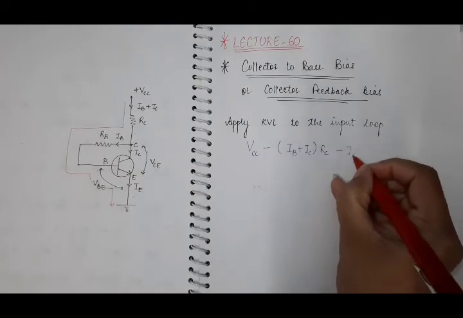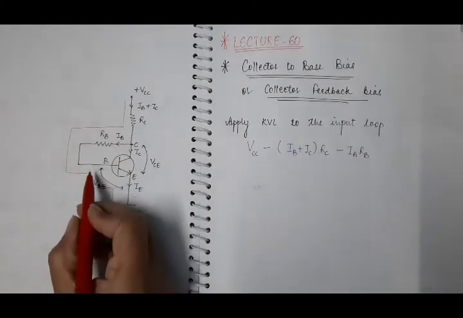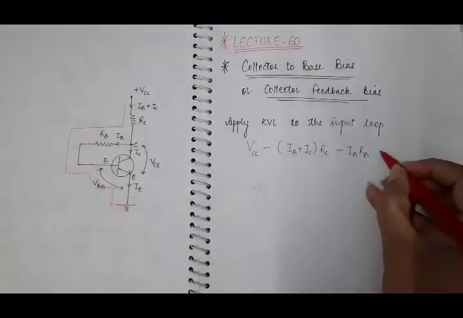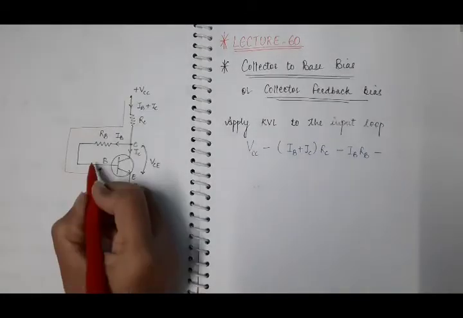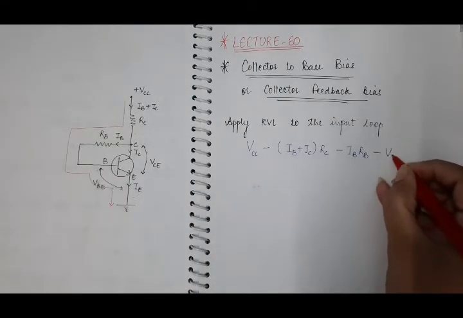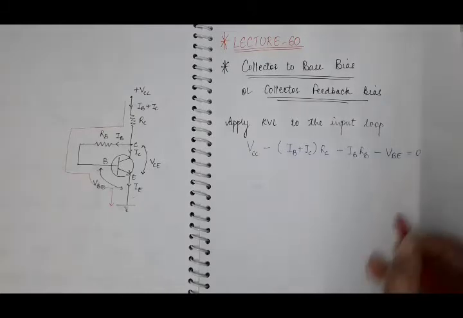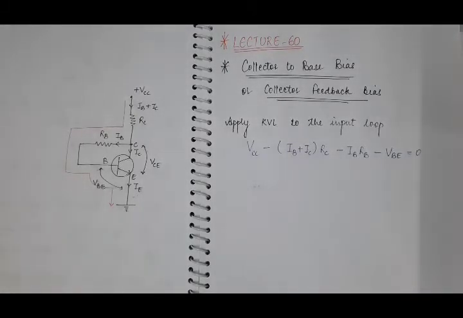It is IB RB. Then what is the voltage across the base emitter junction? It is VBE. Here this end is positive and this one is negative, so the signs are not alternate, so minus VBE equals 0. We have just applied Kirchhoff's voltage law to the input loop of the circuit.